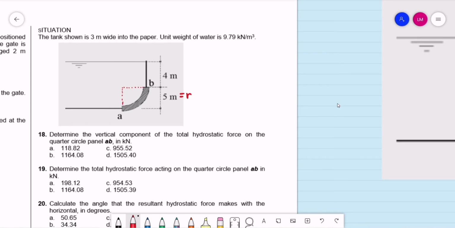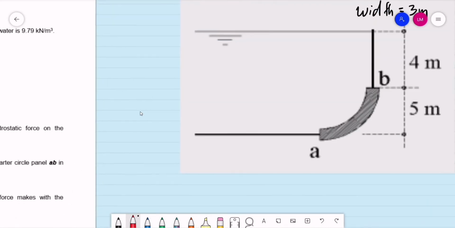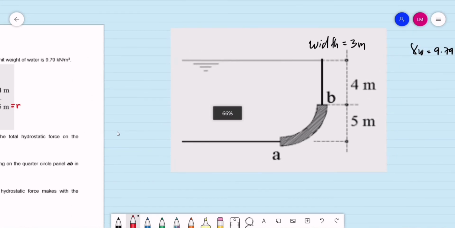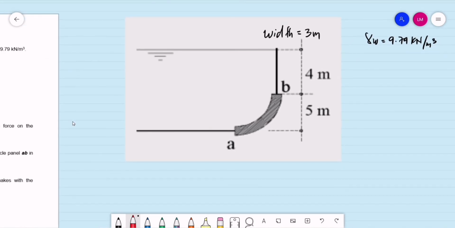So required question number 18. Determine the vertical component of the total hydrostatic force on the quarter circle panel AB in kilonewtons. So how do we compute for the vertical component of the hydrostatic force? For this problem, walang sinabi na may pressure sa surface, kaya we assume that the pressure is equal to 0.